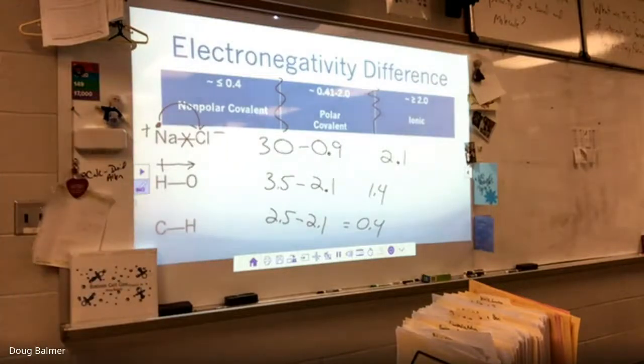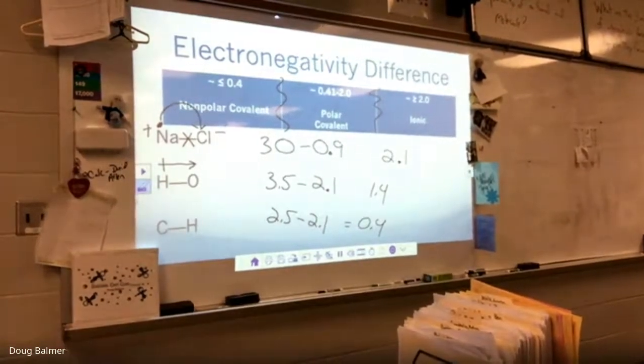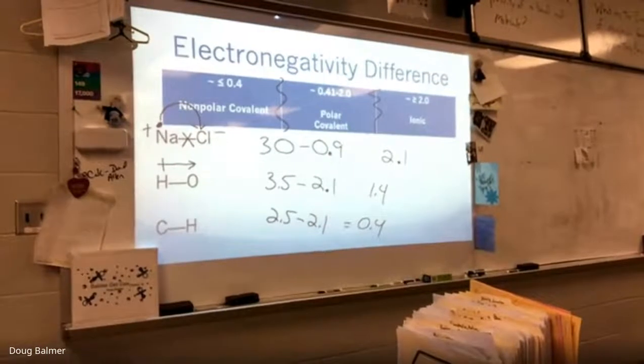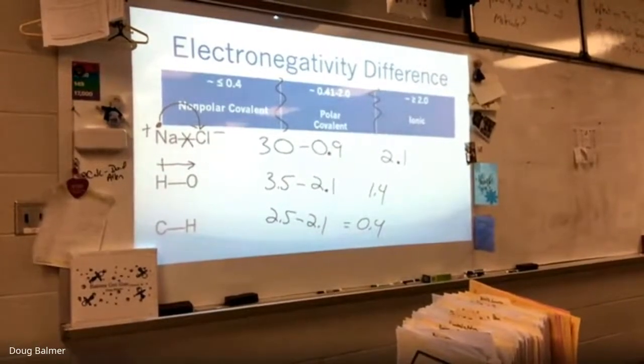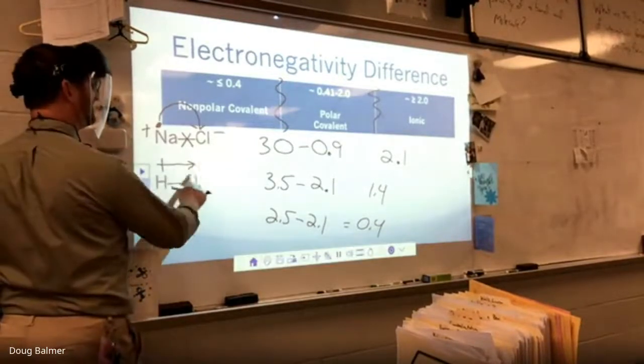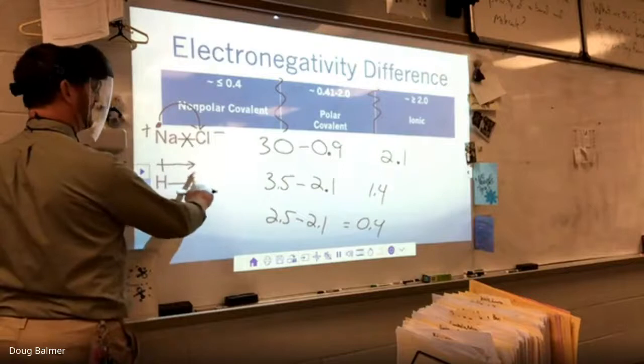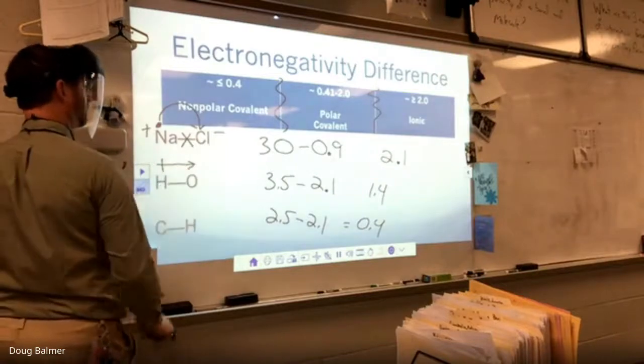So we're going to draw a dipole for a polar bond. You draw which way the electrons are being pulled, and then the other end of the dipole would be positive. If electrons are moving away from the hydrogen, that would make the hydrogen partially positive. So this is called a bond dipole. It's a two-ended arrow.